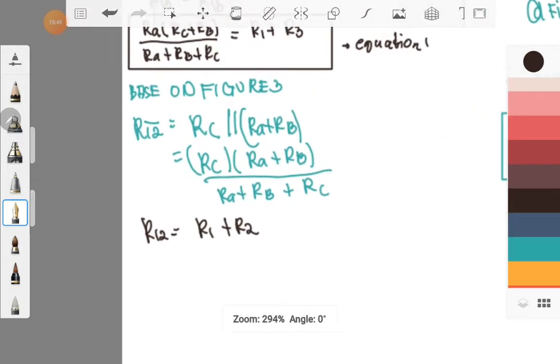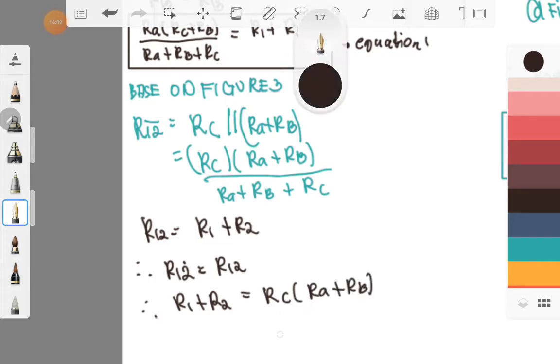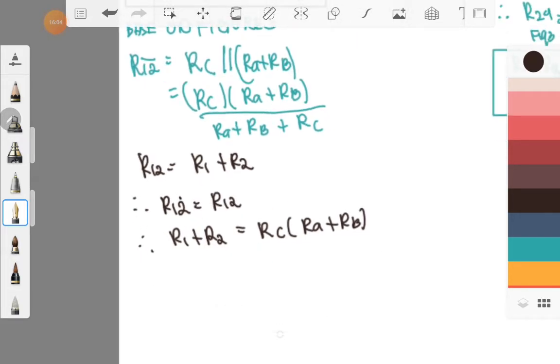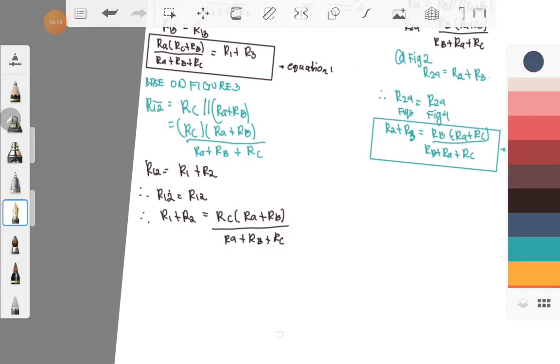So equating this to R12 at figure 3, I may say that R1 plus R2 is equal to RC multiplied by RA plus RB, divided by RA plus RB plus RC. Okay, that is our combination.